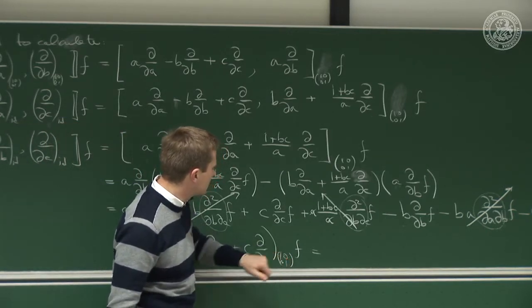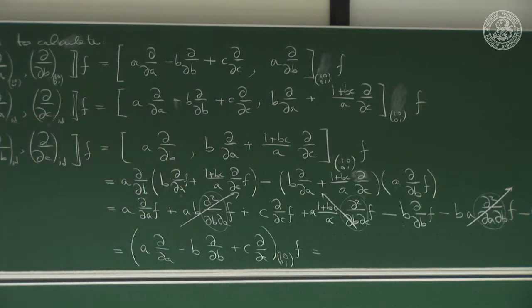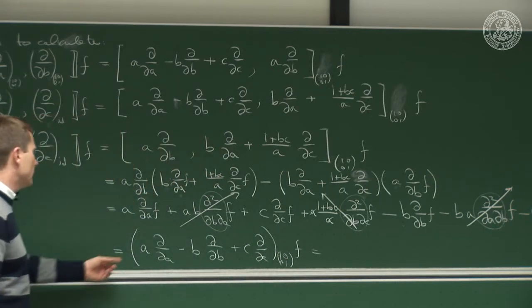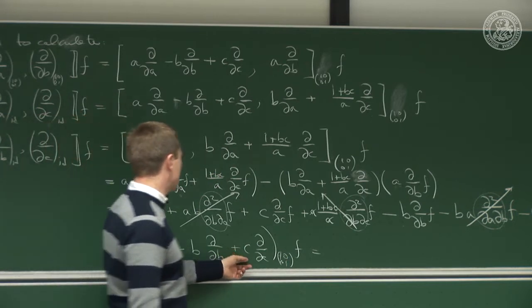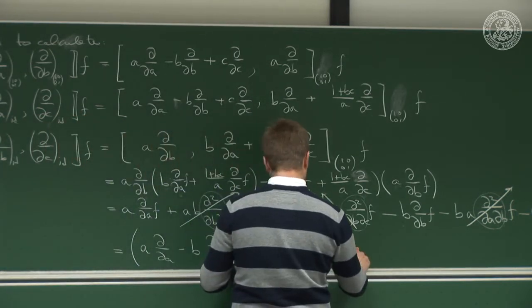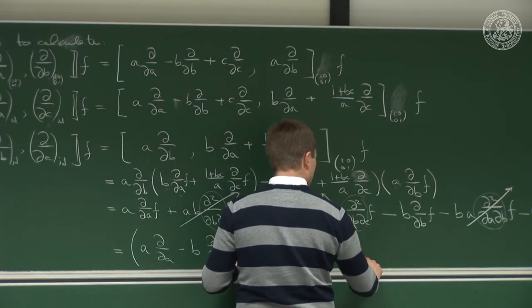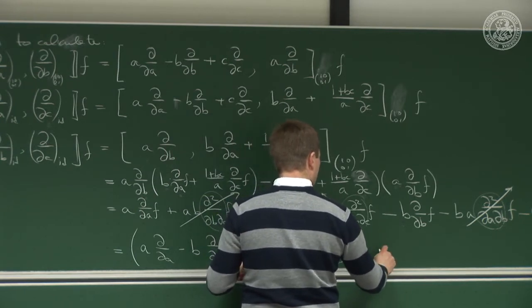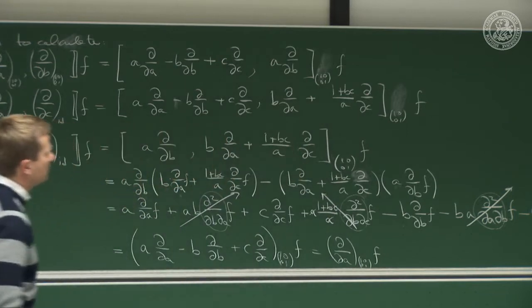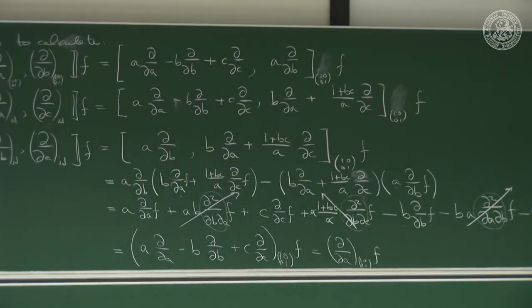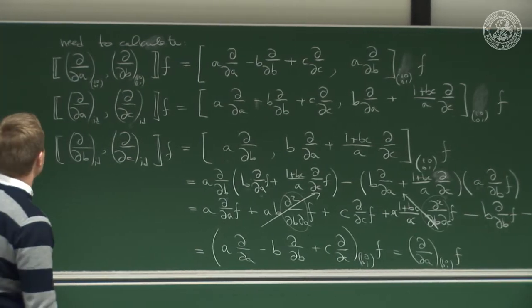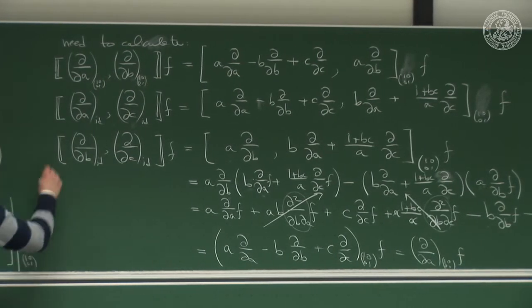So it's 1, 0, 0. So only A is non-zero. A is 1. That's this guy. And those two guys are gone. So we get d by dA at the identity on F.